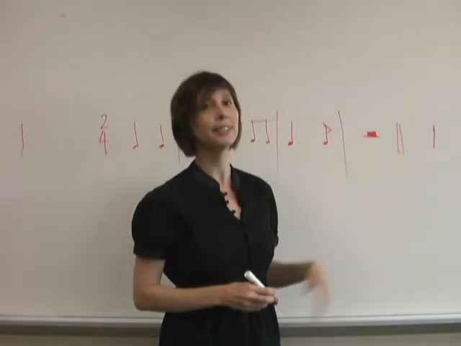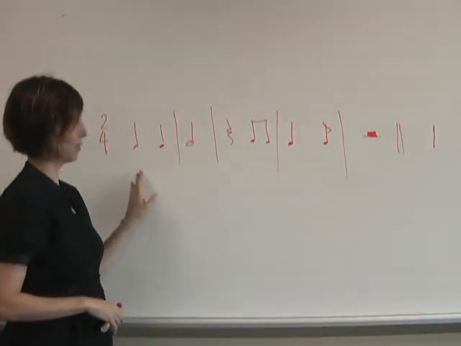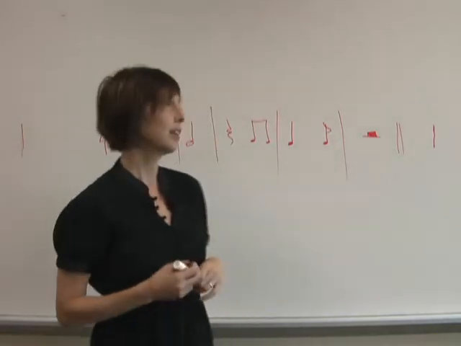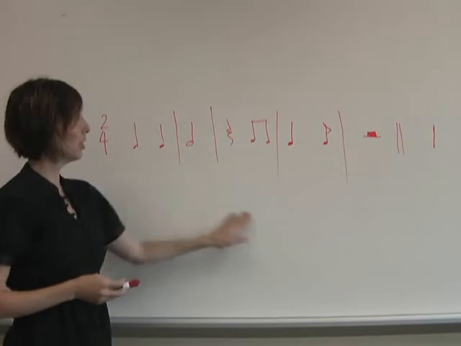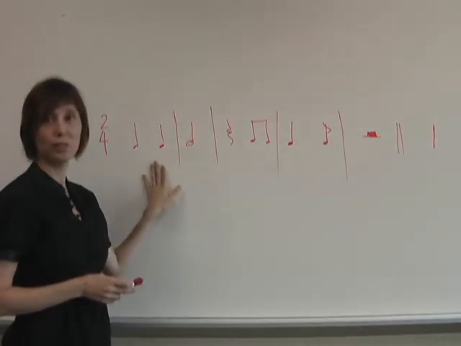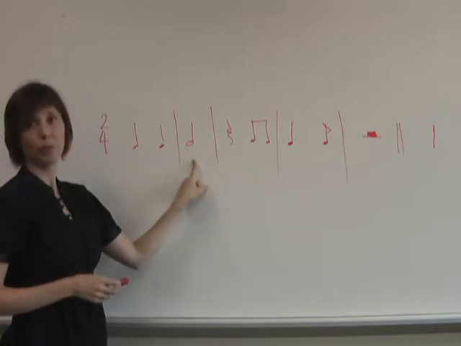This is to tell us it's the end of the piece. In this case, our piece of music is only 1, 2, 3, 4, 5 measures long. Notice a couple of things. First of all, these measures add up to 2 quarter notes, right? Here we have 2 quarter notes. This half note is worth 2 quarter notes.